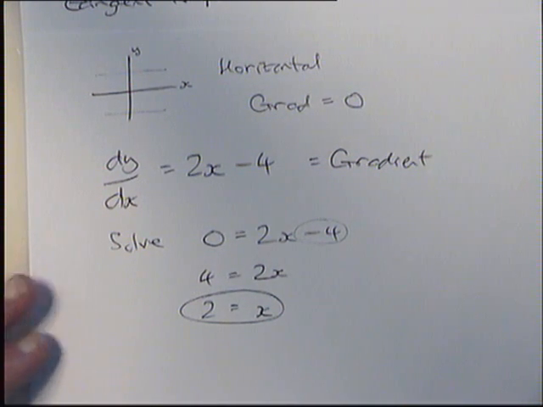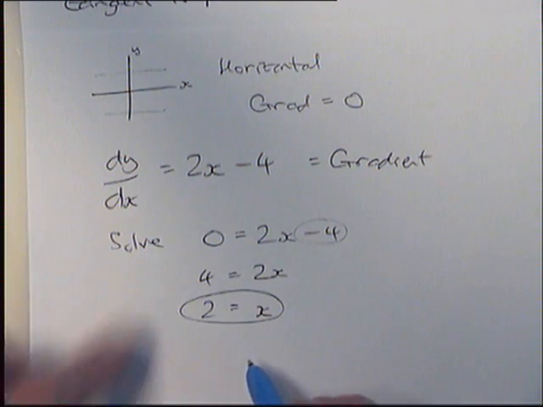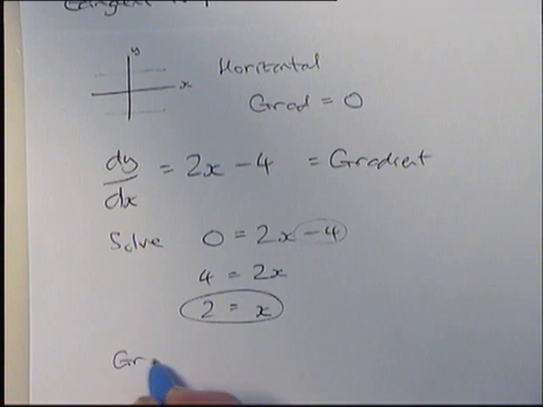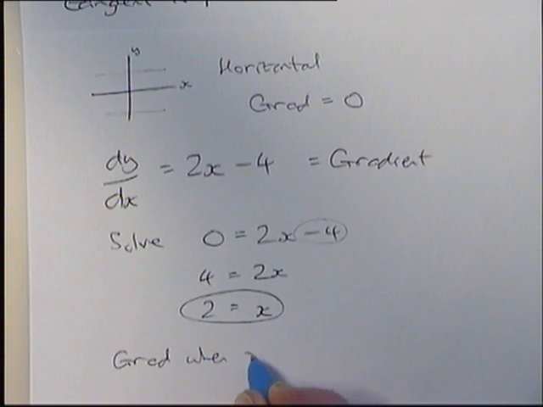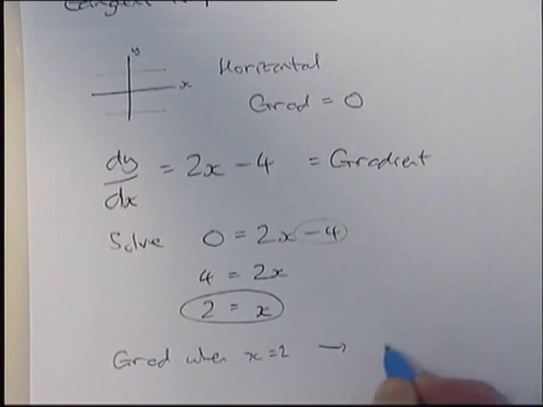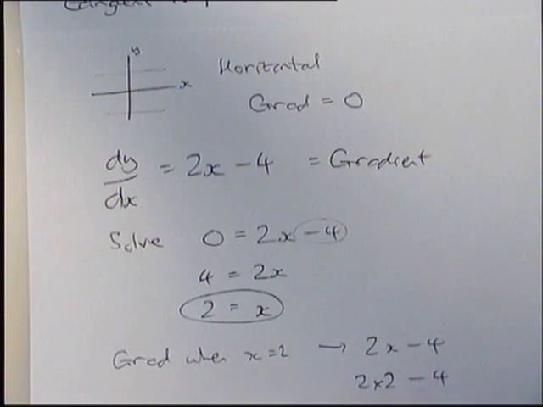And when x equals 2, the gradient of my curve is given by 2x minus 4, which is 2 times 2 minus 4, which is 4 take away 4, which is 0, as I expected. It's just a little extra check.